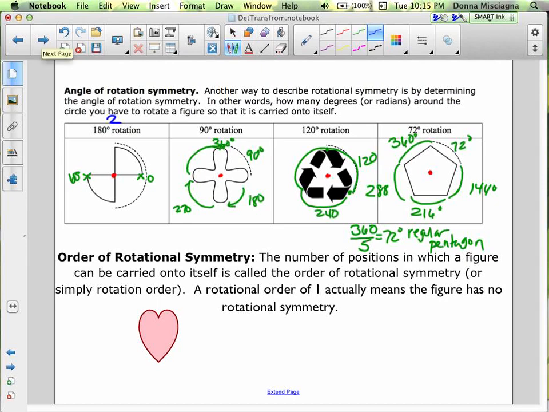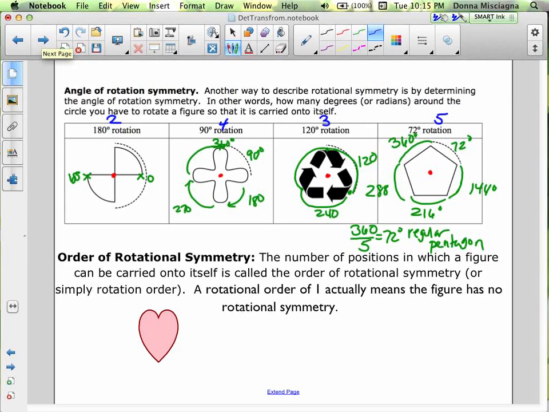It's going to be mapped onto itself not only at 180 degrees, but if I continue to go around again, all the way around the circle, I'll be at 360. This one has rotational symmetry of 4. This one has rotational symmetry of 3. And this one has rotational symmetry of 5. A rotational order of 1 actually means the figure has no rotational symmetry.